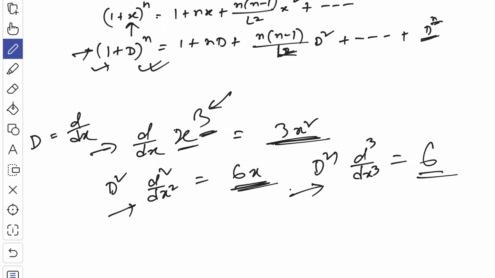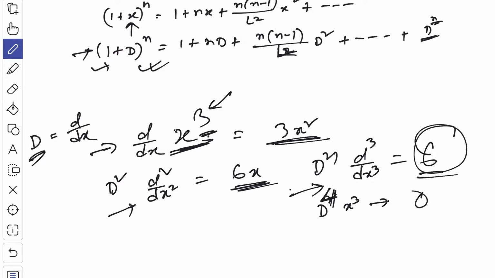But when you operate on x to the power 3 by D more than 3 times, for example by D to the power 4, that means the fourth order derivative, you will get 0.